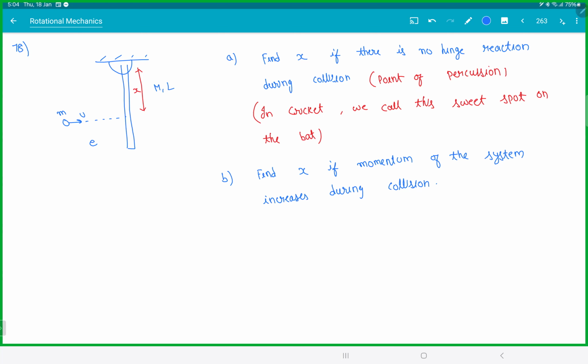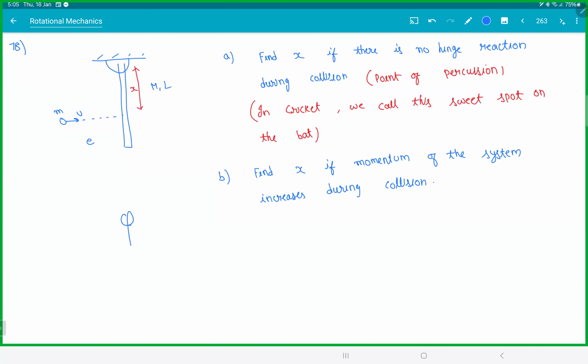You need to think like this. Why are you getting the hinge reaction in the first place? Start from that point of view. Suppose you're catching something.